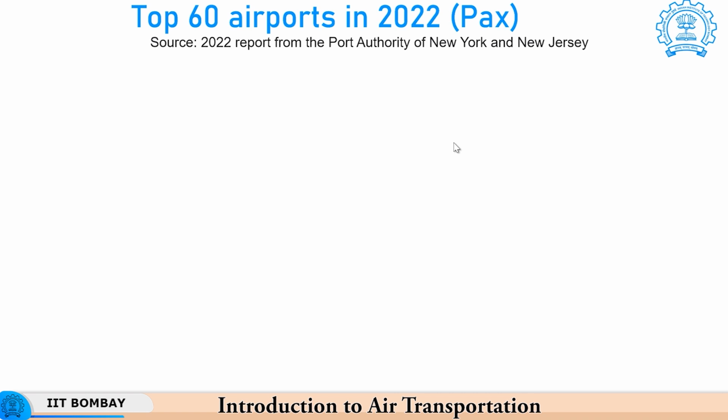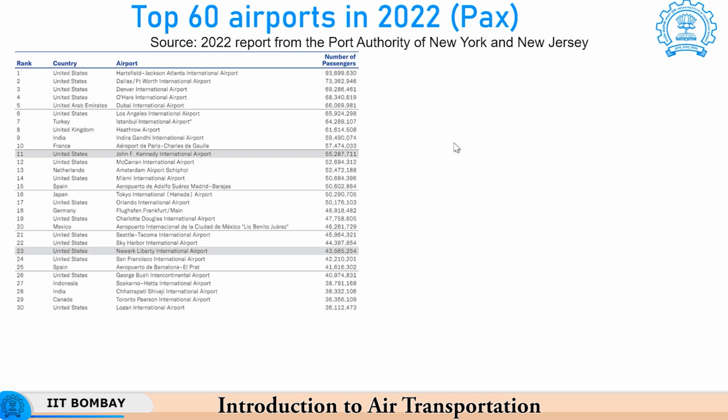When you look at the number of passengers carried, it is very difficult to read. These are the top 30 airports, okay, and the highest one being the Atlanta airport, and number 30 is the Logan airport. So, in this list, this is the top 30.